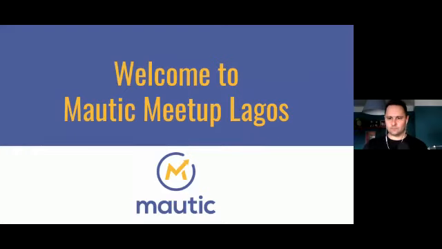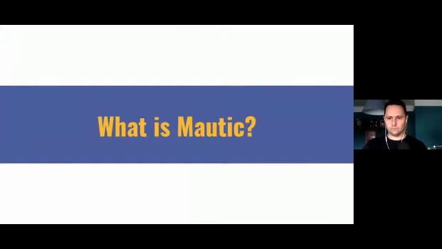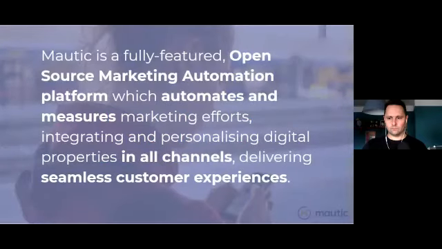Okay, great. So quickly, let me just run through my welcome slides. Basically, we talked about what Mautic is all about for the benefit of those joining to know about Mautic for the first time.